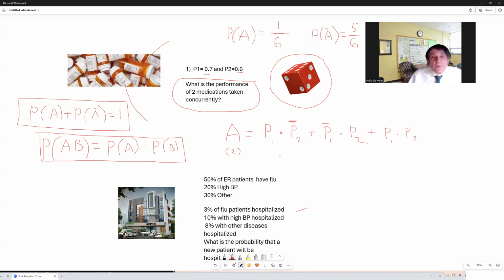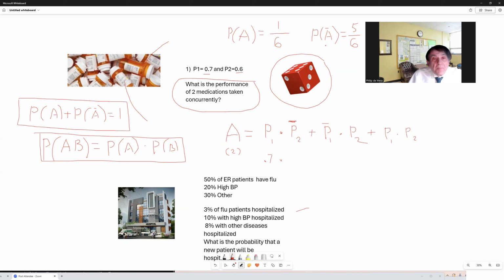Now, we should calculate the probability of that. That will be P1 equals 0.7 times P2 bar. P2 bar is 0.4 because from this formula, 1 minus PA.